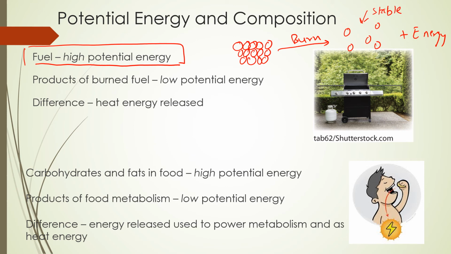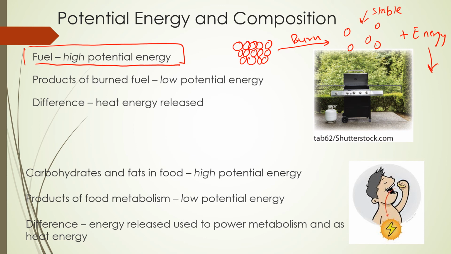All the energy is released, and we use this energy to cook our food or do some work for us. That is a different part of the discussion, but for now, just remember that fuel has a lot of potential energy stored in it.